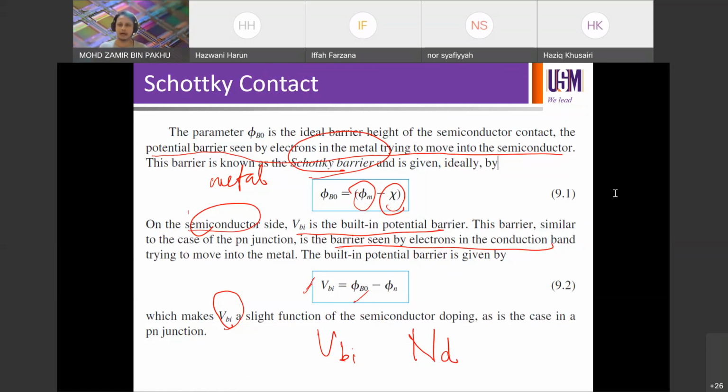0.947 VBI equals to what? VT ln what? VT ln something, right? Anyone can recall?